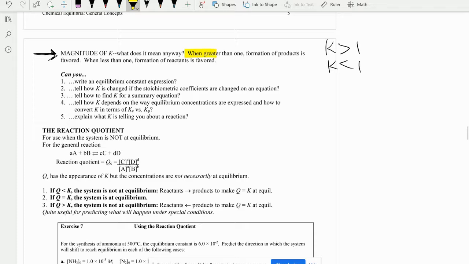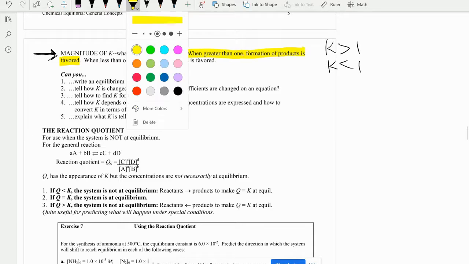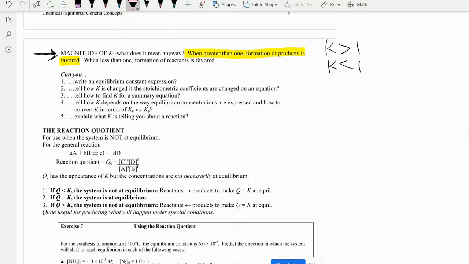Well, if K is greater than 1, then whatever chemical reaction is occurring, the formation of the products is going to be favored in that particular reaction. Whereas if you end up doing calculations and you get a K value of less than 1, then the opposite's true: the products going back to form our reactants is going to be favored.